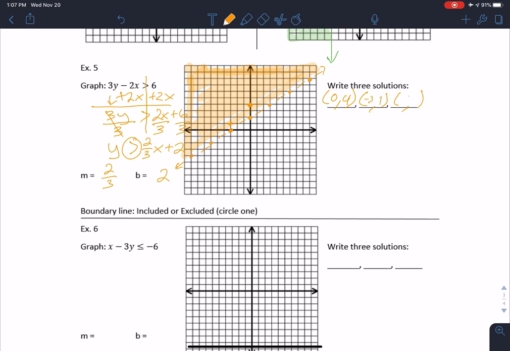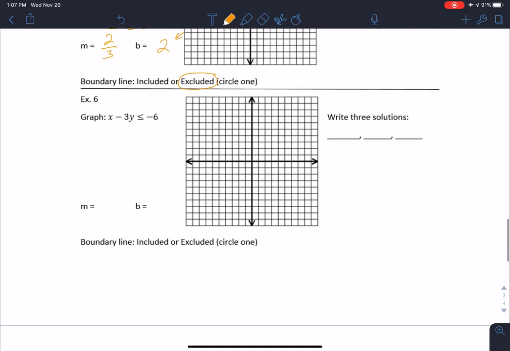And I'll pick this one. Negative 6, sorry, not negative 6, negative 5, 5. Okay, and then this one, it's excluded because of its dotted line, not solid.